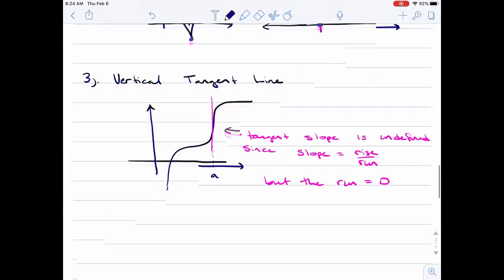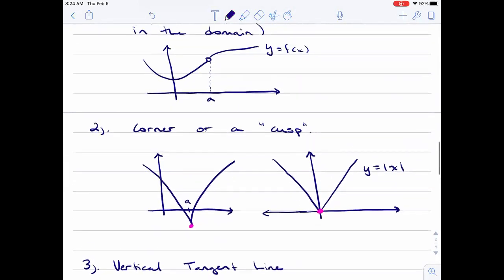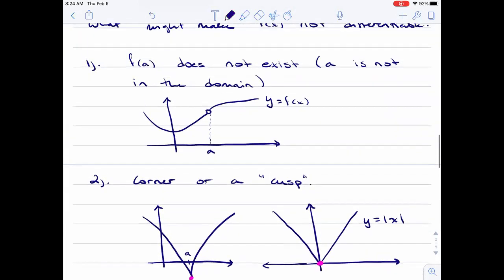So those are the 3 ways that the derivative might not exist.